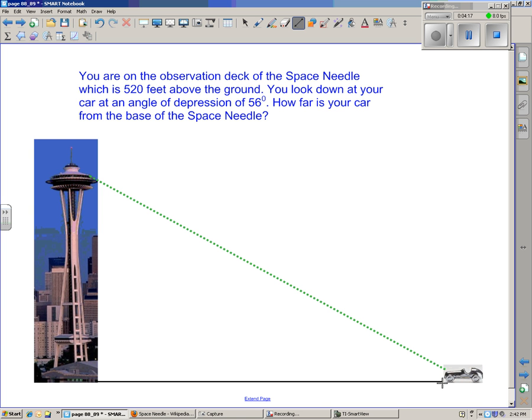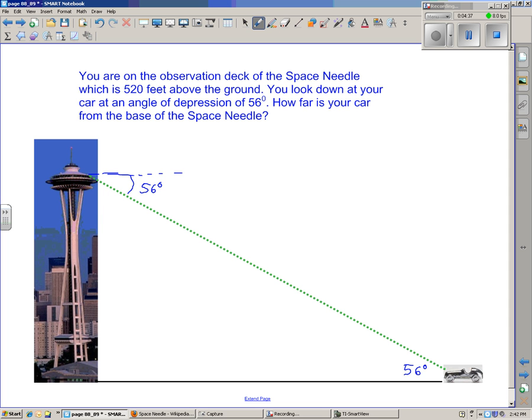And here, where would the angle of depression be? From the person in the Space Needle, that's the angle of depression of 56 degrees. That means from the car's point of view, that's an angle of elevation of 56 degrees.